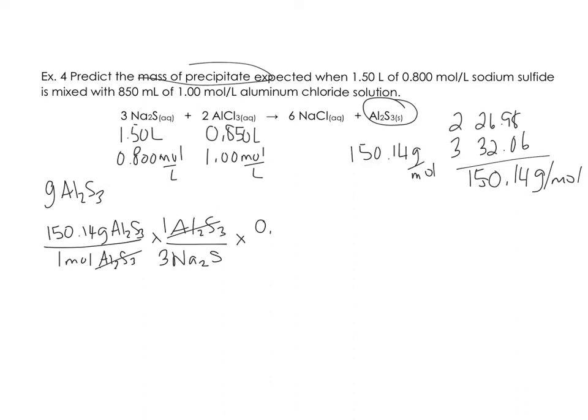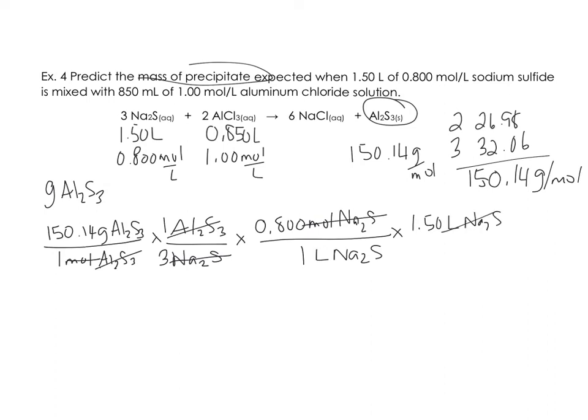We've got 0.8 moles of sodium sulfide over 1 liter. So we get rid of moles and sodium sulfide. And now we want to get rid of liters sodium sulfide, so multiply it by the liters.